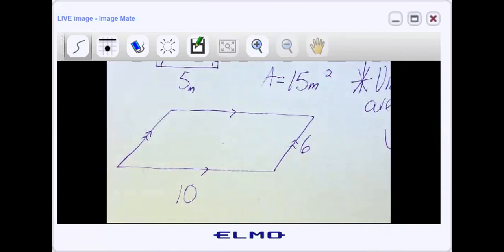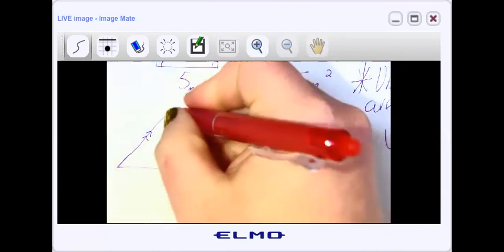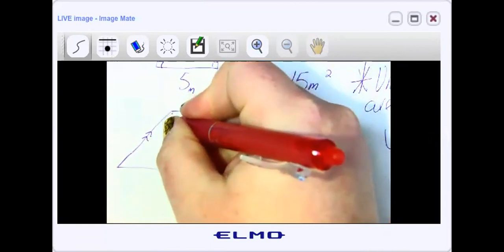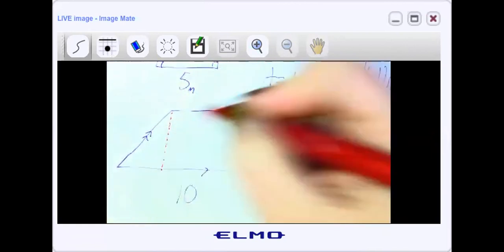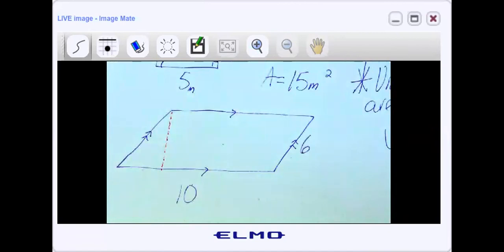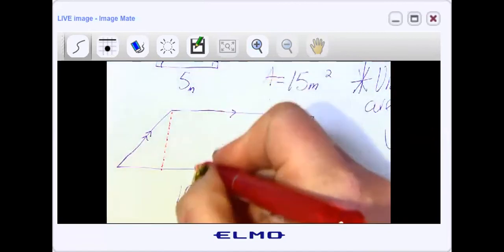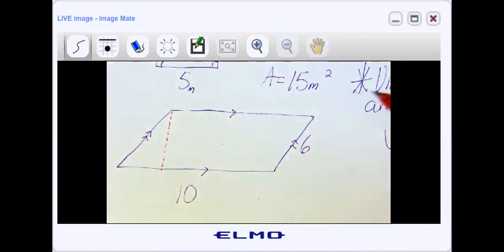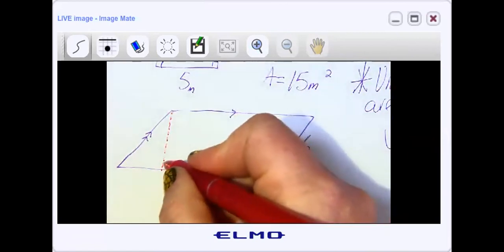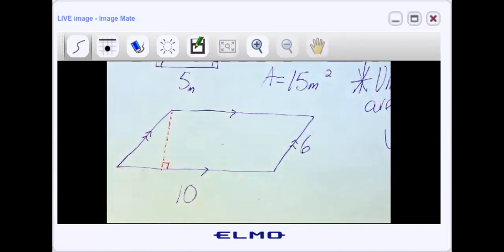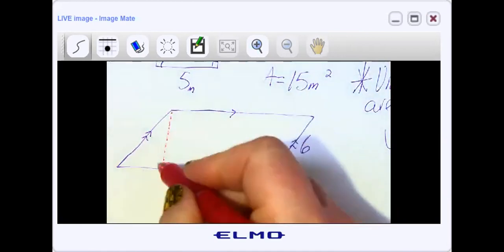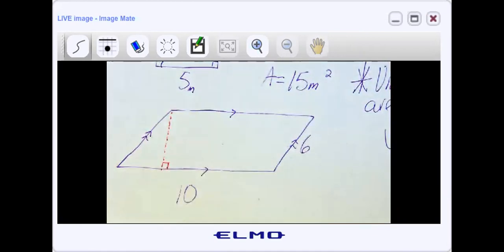So usually how that's done is we draw, sometimes it's dotted, sometimes it's solid, doesn't really matter, something on the inside. They could put this line wherever they want on the inside, but it has to be perpendicular to the bottom. That has to be true. Now, this red line that I just drew, that's the height.